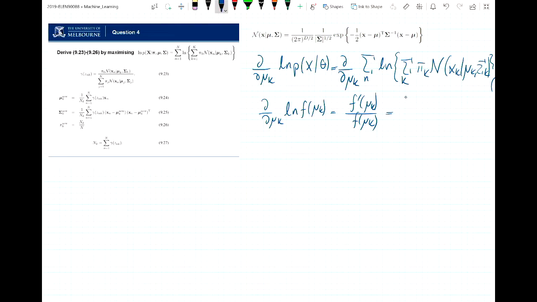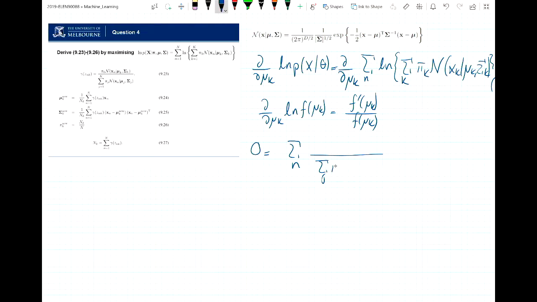Then equate it to 0. So the outer sum over n remains, and inside each logarithm I take the derivative with respect to mu k, and that means log derivative, so the function inside the log directly goes there.